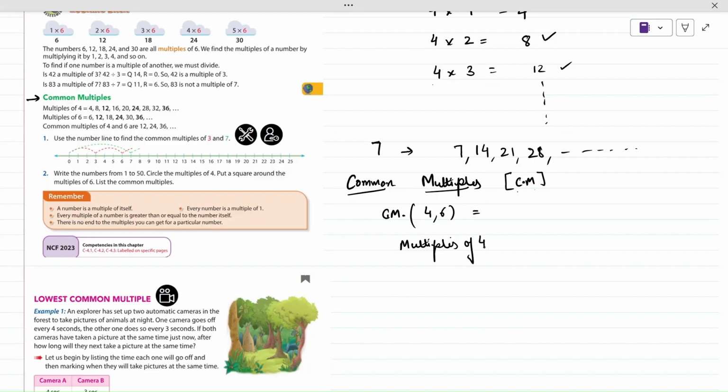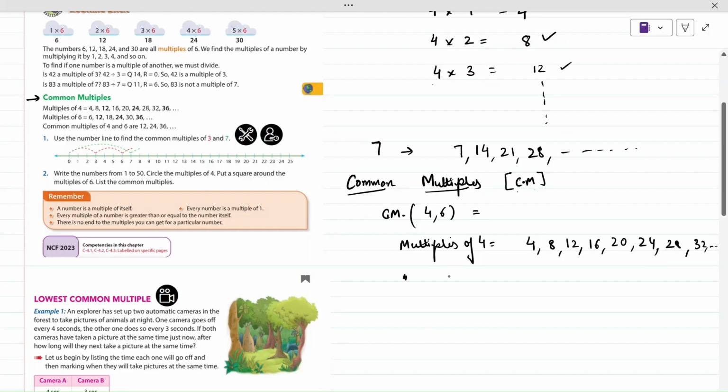The multiples of 4 are 4, 8, 12, 16, 20, 24, right? Or you can simply write down the table of 4. That is the same thing. 4 into 1 is 4, 8, 12, 4 into 4 is 16, 20, 24, 28, 32 and so on.